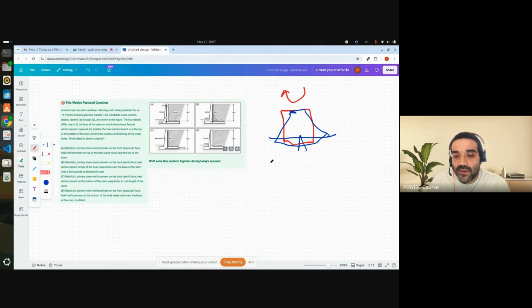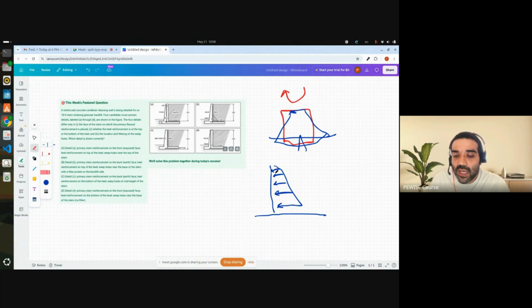Let's just simplify the diagram. A cantilever wall, and the main load on the wall is this horizontal force. The vertical part cancels out. You have forces acting on top and bottom of the heel, so we don't need to consider that.